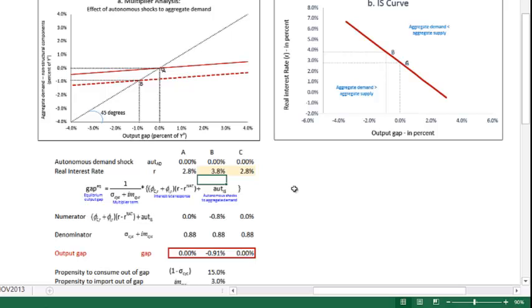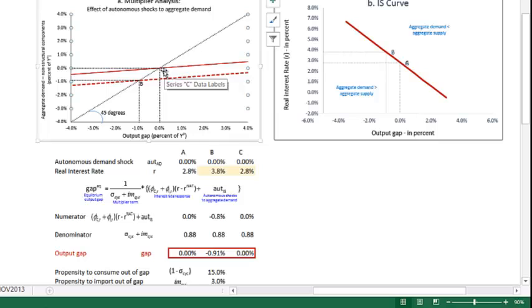We'll have a first round effect, and then a second round effect, and a third round effect, and ultimately the impact of the increase in the interest rate will be magnified, and the aggregate expenditure curve shifts down from this solid red line to this dotted red line, and equilibrium output goes down from point A to point B.